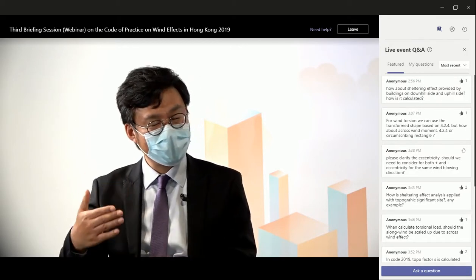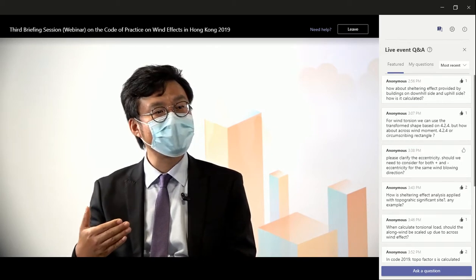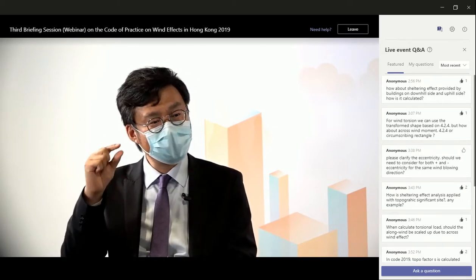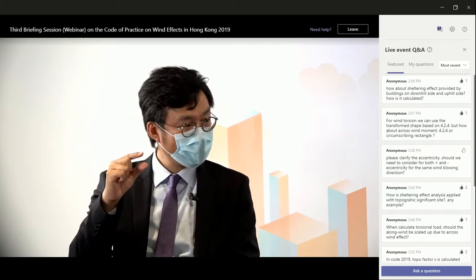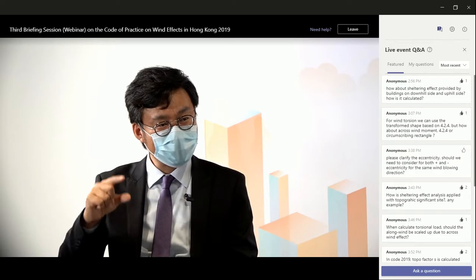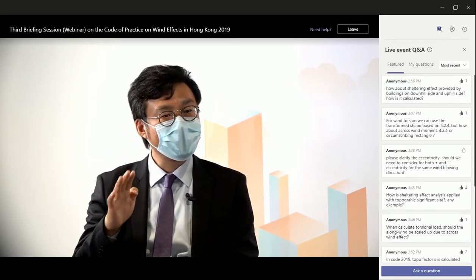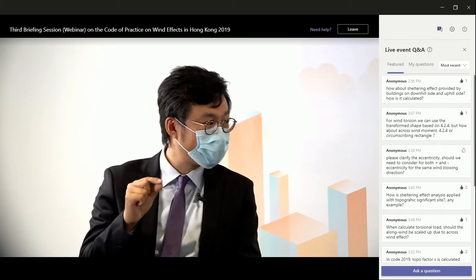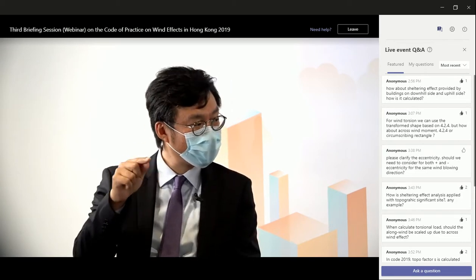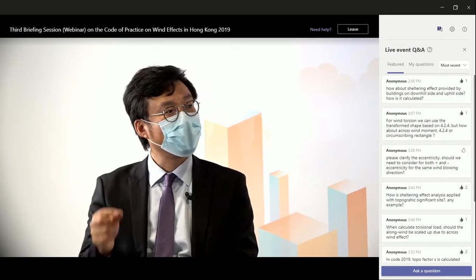So the key point is that the facade designer needs to have a clear idea about the different levels: the cladding panel, the fixing of the cladding panel, and the secondary supporting members or structures. What are their loading areas or tributary areas respectively? Based on that loading area, they can calculate the size factor.